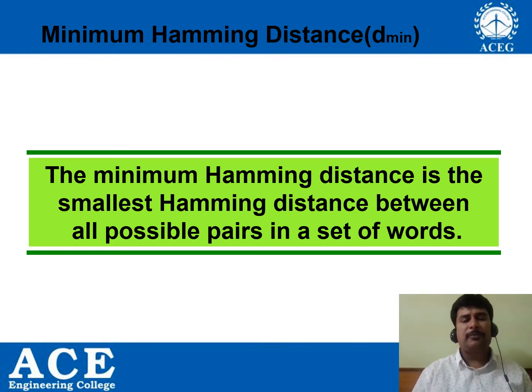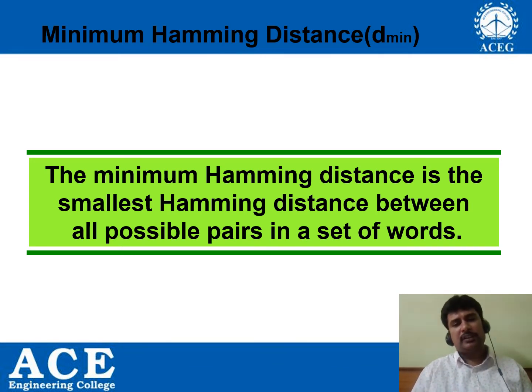When I have different combinations of code words, how do I identify the minimum Hamming distance? The minimum Hamming distance is the smallest Hamming distance between all the possible pairs in the set of words.